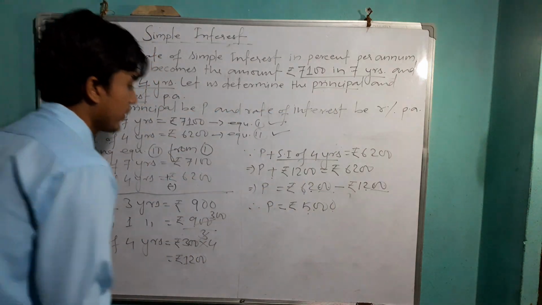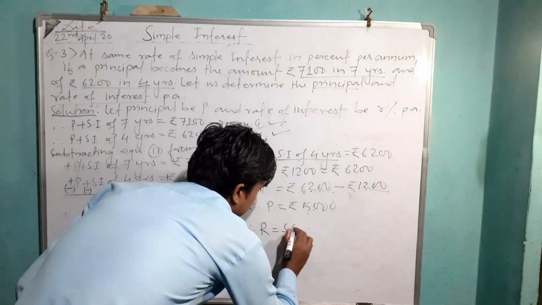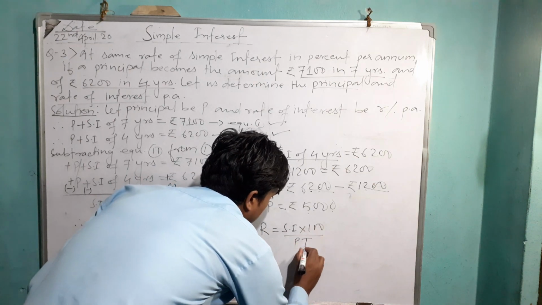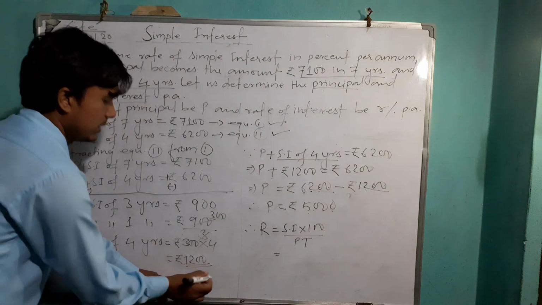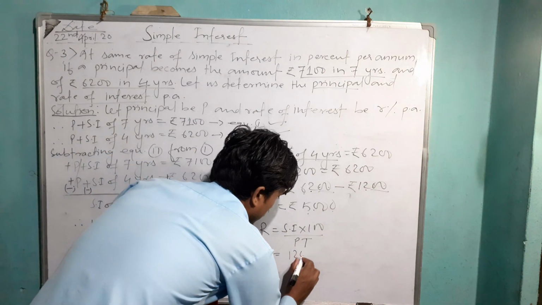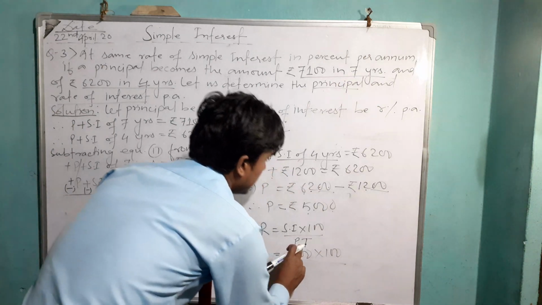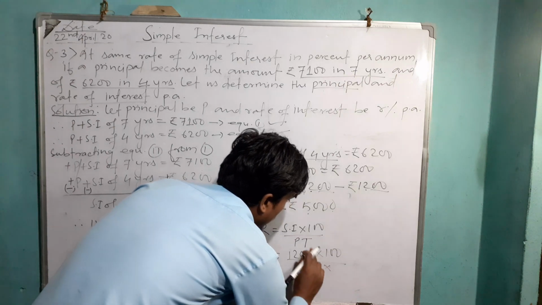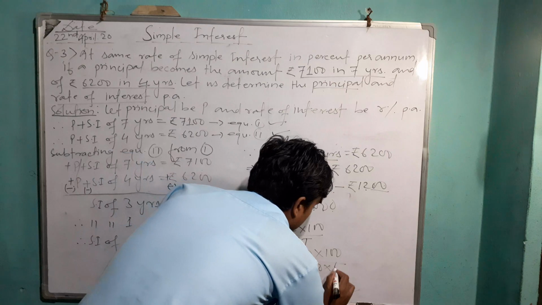Now we are asked to find the rate. Therefore rate equals SI into 100 by P into T. The SI we have got here is 1,200, into 100, by the principal we got just now, 5,000, into time, which is 4 years.